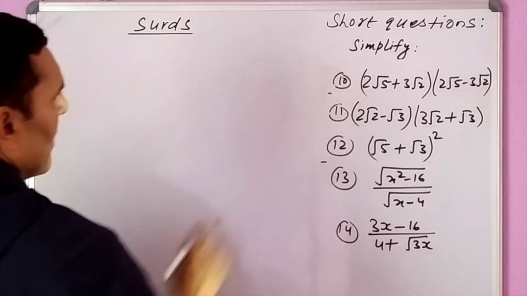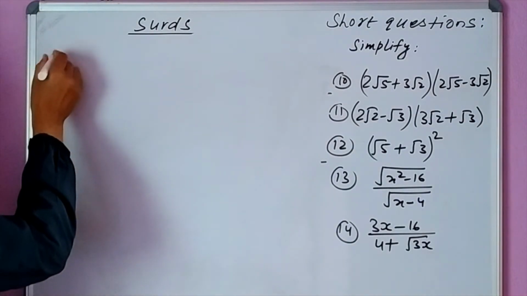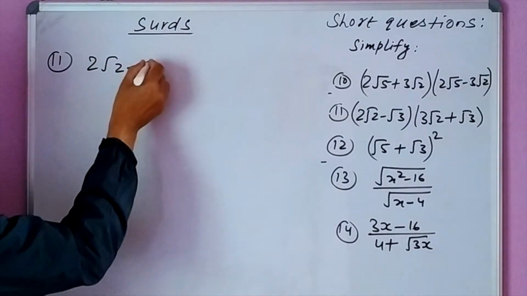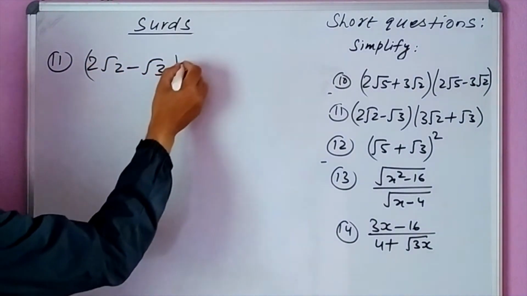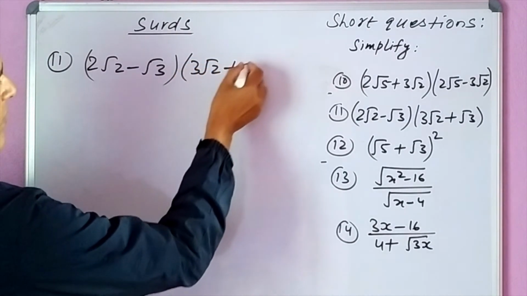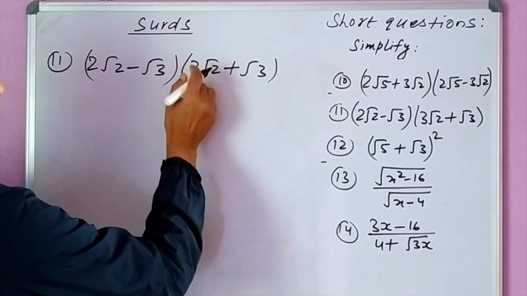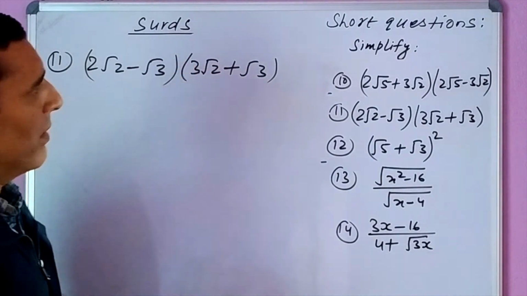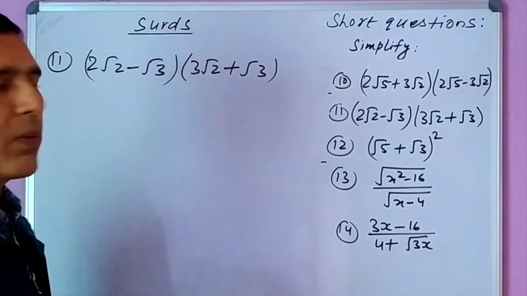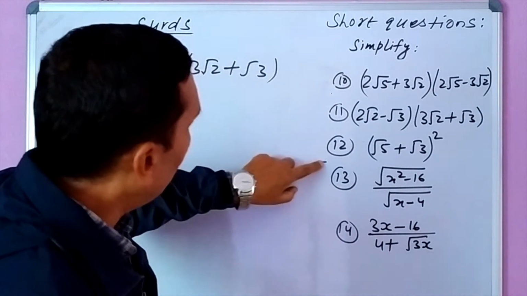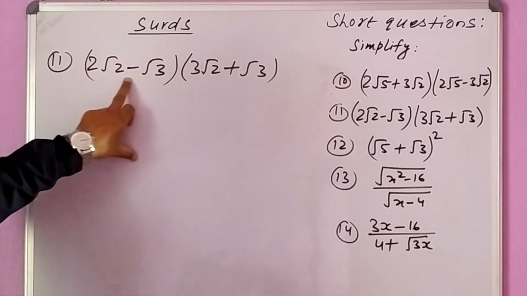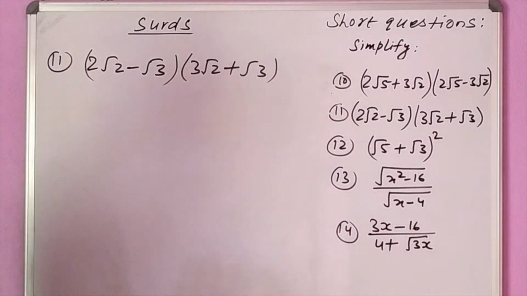Now similarly, question number 11. 2 root 2 minus root 3 times 3 root 2 plus root 3. It is not like number 10, because that was in the form of a plus b times a minus b, so we could use the formula a square minus b square directly, but this is not like that.